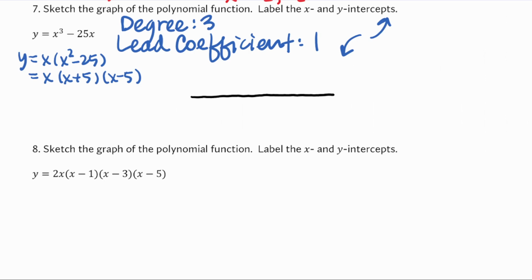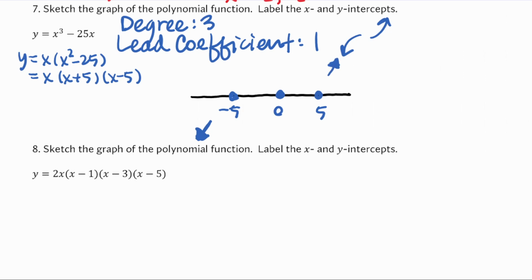I draw in an x-axis and label my intercepts. Start with the end behavior, that it's essentially going up on the right and down on the left.